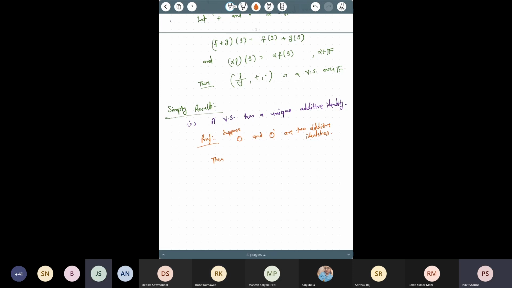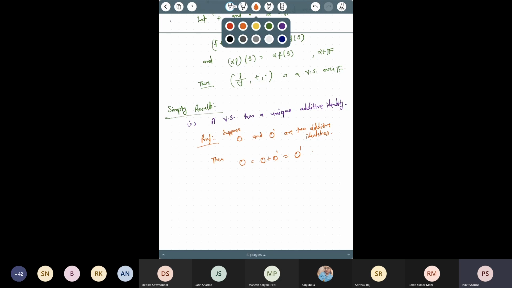So 0 plus 0 dash is equal to 0, and 0 dash plus 0 is equal to 0 dash, and that's why 0 is equal to 0 dash. Since 0 and 0 dash both belong to the vector space, using the property that 0 is an additive identity, 0 plus 0 dash equals 0. But 0 dash is also an additive identity, and 0 belongs to the vector space, so the same thing can be used for 0 dash. So this is equal to 0 dash, and that's all.